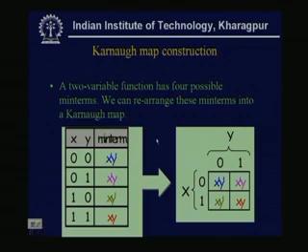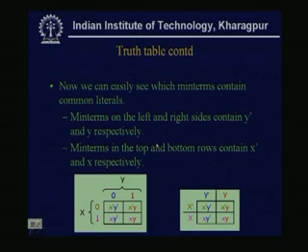Now, we can easily see which min terms contain common letters. The min terms on the left and right side contain y bar and y, as we have just explained, and the min terms of the top and bottom rows are x bar and x. These are the positions of the min terms.